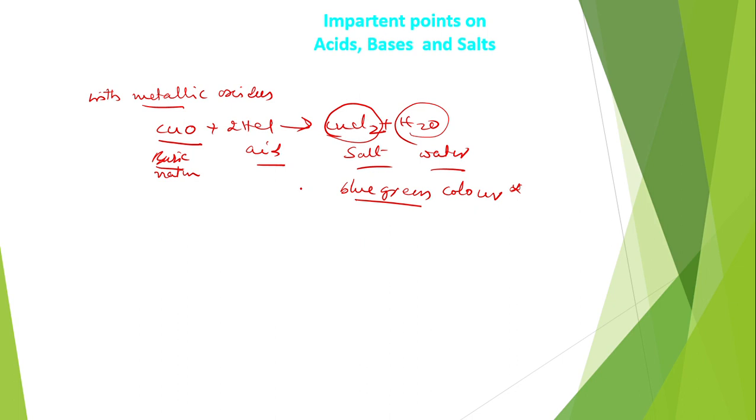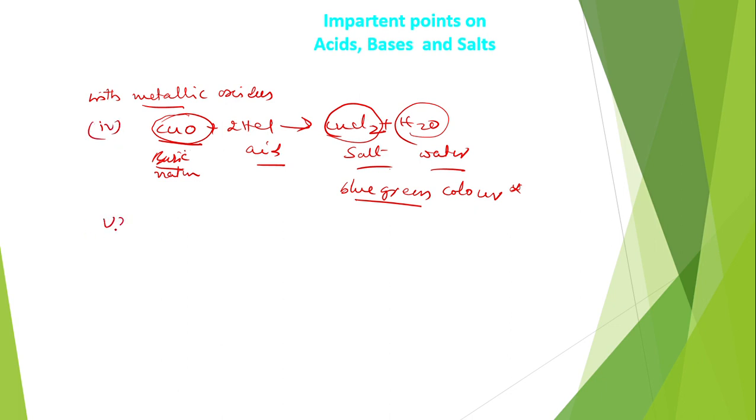Okay, now see what you will see, base, that means metallic oxides plus acid, you will get a salt plus water. Okay, then you know that metallic oxides are basic in nature. So this is fourth one.